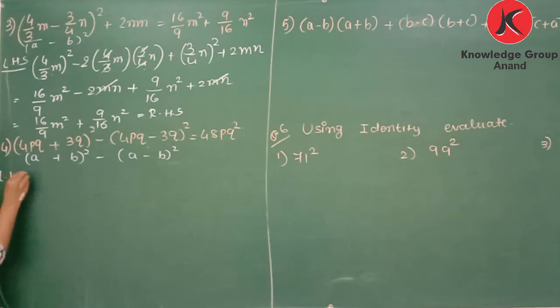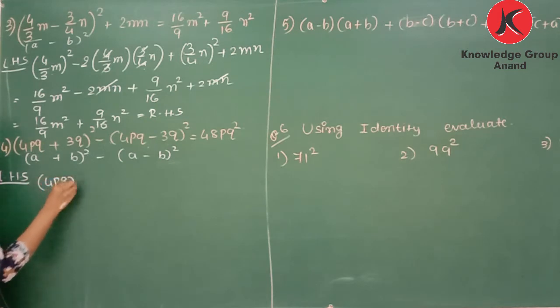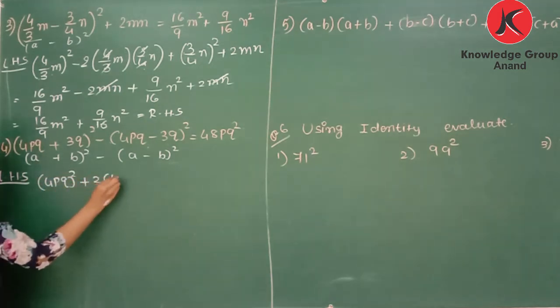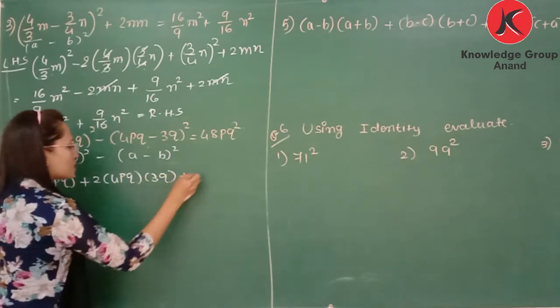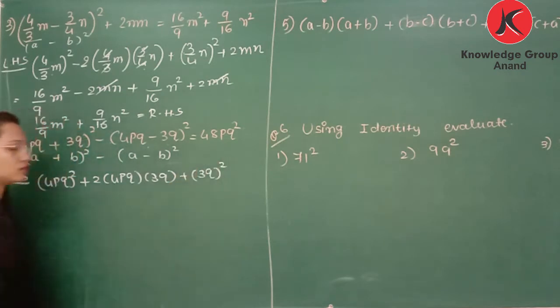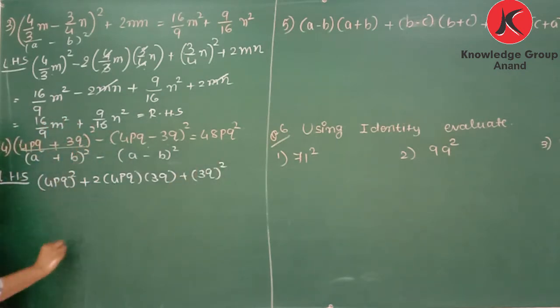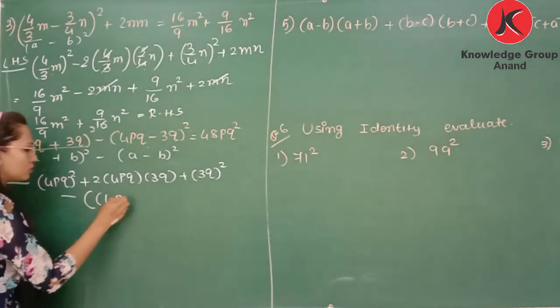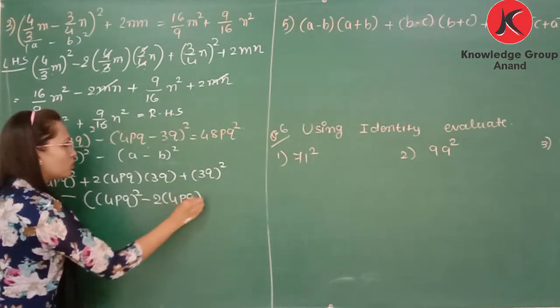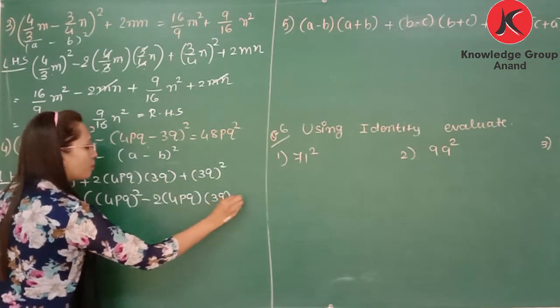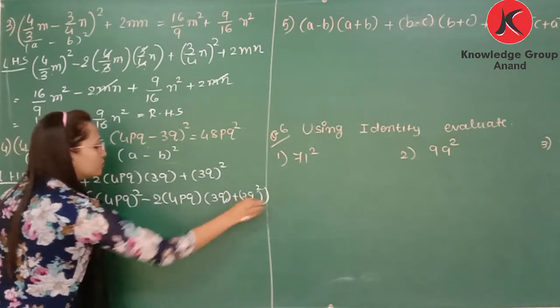So left hand side (4p square q plus 3q) whole square. So we simplify this as (4pq) whole square plus 2 into 4pq into 3q plus (3q) whole square. So this is simplification of first. Minus is there, so we write bracket (4pq) whole square minus 2 into 4pq into 3q plus (3q) whole square.